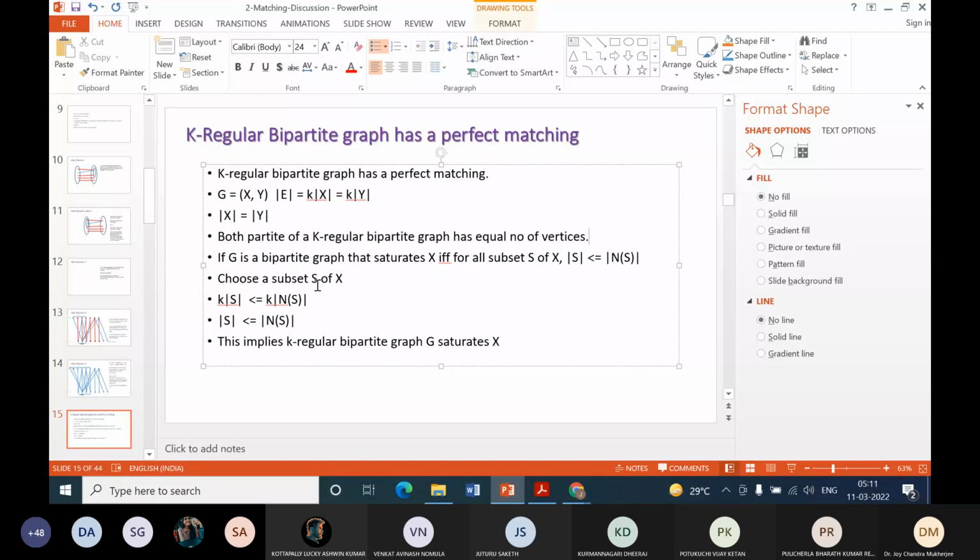Now how many edges are coming out of S? Every vertex has degree K, and mod S is the number of vertices there, so K into mod S edges are coming out of it.